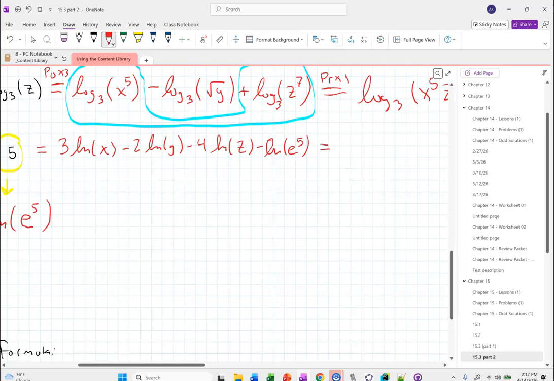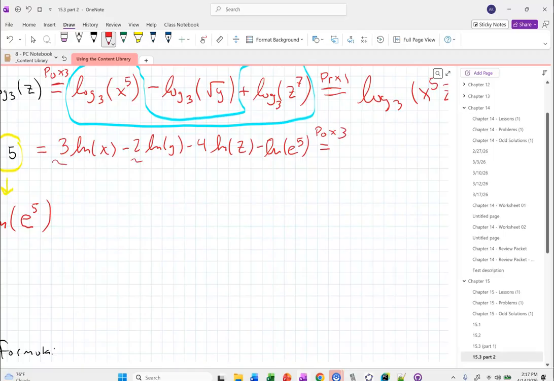First step is, nope, before product is power. How many power properties do we see? I see 3. Remember, we're condensing, so we're looking for coefficients.